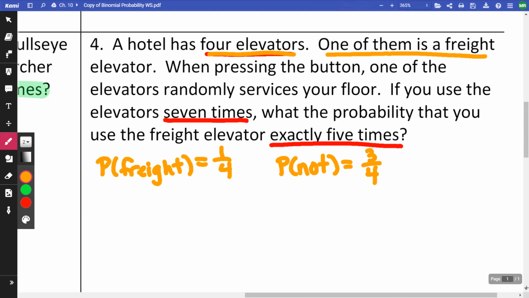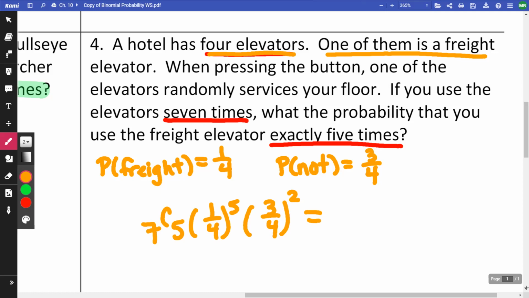And we want to know the probability that you use the freight elevator exactly 5 times. So 7 choose 5 times 1/4 to the power 5 and 3/4 to the power 2. And we're going to work that out, put that into the calculator.